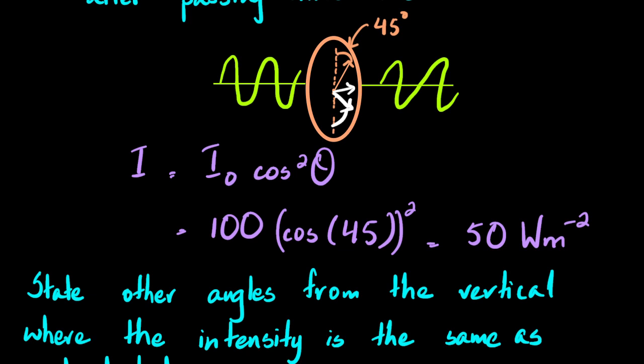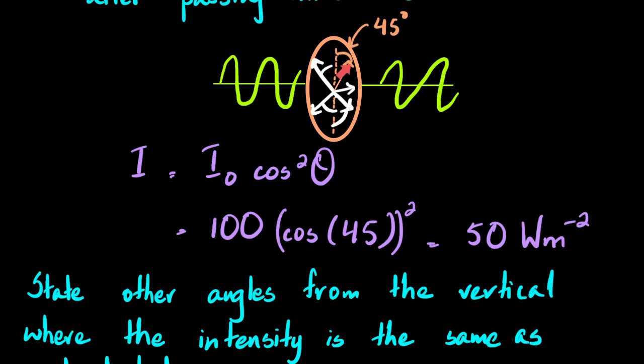Then as the transmission axis rotates further towards a point like this, again this angle between the incident light and the transmission axis would be 45 degrees. So again you would have the same intensity, and as it's rotating further and further, again at a position like this, it would make the same angle of 45 degrees.